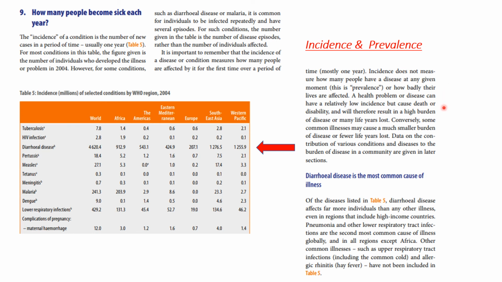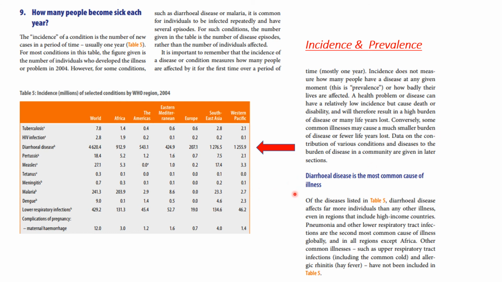So a health problem or disease can have a relatively low incidence, but can cause death or disability. Therefore, it is a high burden of disease or many lives, years lost. Conversely, some common illness may cause a much smaller burden of disease or fewer lives lost. And here's some data.